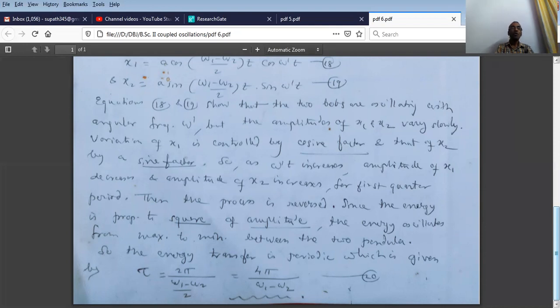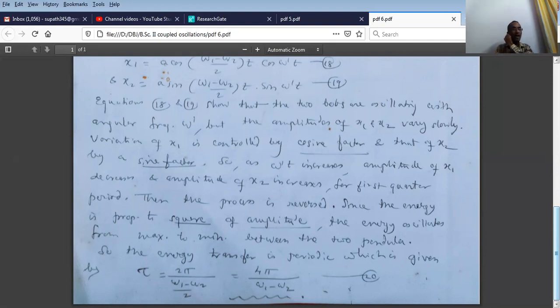Understand? So the energy transfer is periodic, which is given by P equal to tau equal to 2 pi upon (omega 1 minus omega 2) divided by 2, equal to 4 pi upon omega 1 minus omega 2.